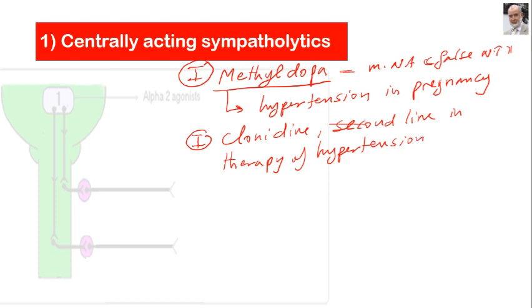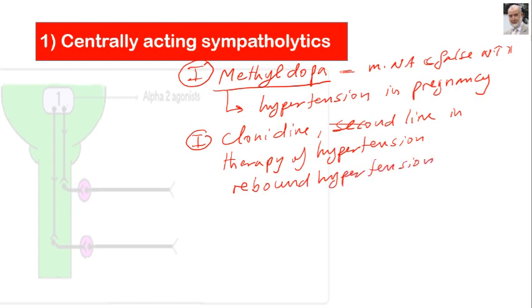Also, with clonidine in the treatment of hypertension, we have to take one consideration: if clonidine is stopped suddenly, for example the physician decided to change the drug and stops clonidine suddenly, this might lead to a phenomenon known as rebound hypertension, which is very dangerous.